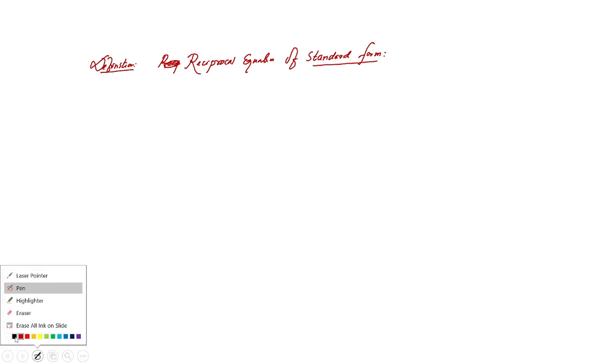When is a reciprocal equation called a standard form? That definition we need to memorize first, and then we will continue the problem.